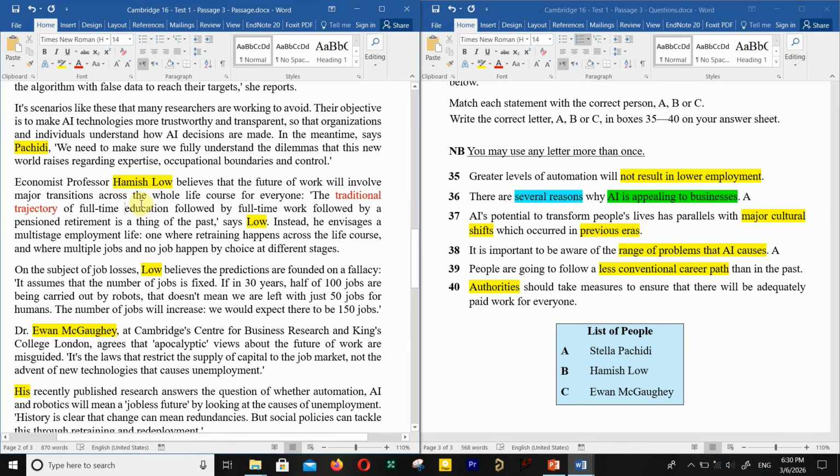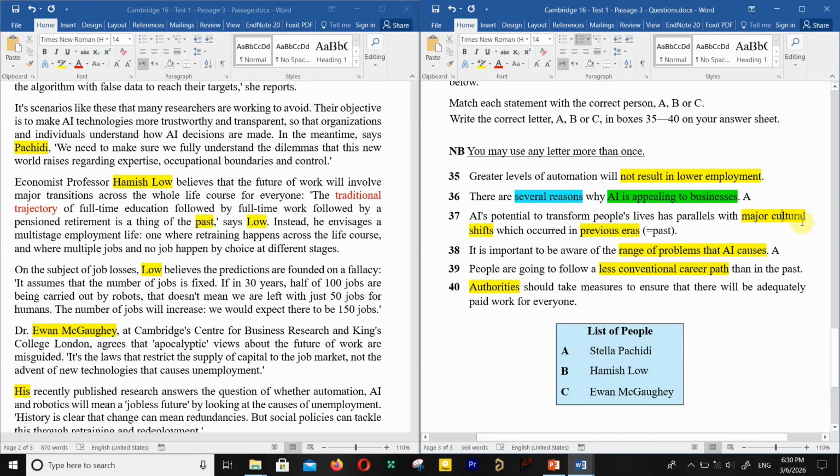I don't know, maybe this one, conventional career path: traditional trajectory of full-time education followed by full-time work followed by a pension retirement is a thing of the past. It's talking about the past, previous eras. Previous eras paraphrased with past.